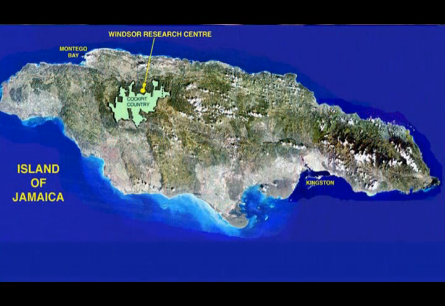Okay, so if you want to know what the boundaries of the cockpit country are like, here you have it. This area right here, that is the boundary of the cockpit country. That's the cockpit country you're looking at. In Jamaica, part of the cockpit country is in St. Elizabeth, a small portion is in Manchester, but most of it is in Trelawney.